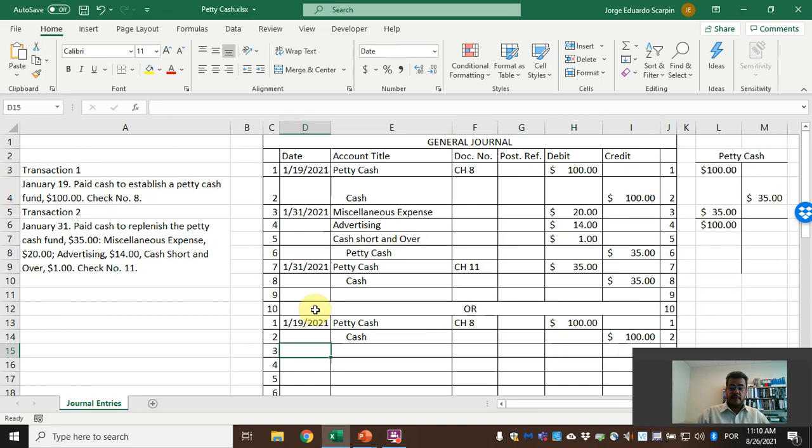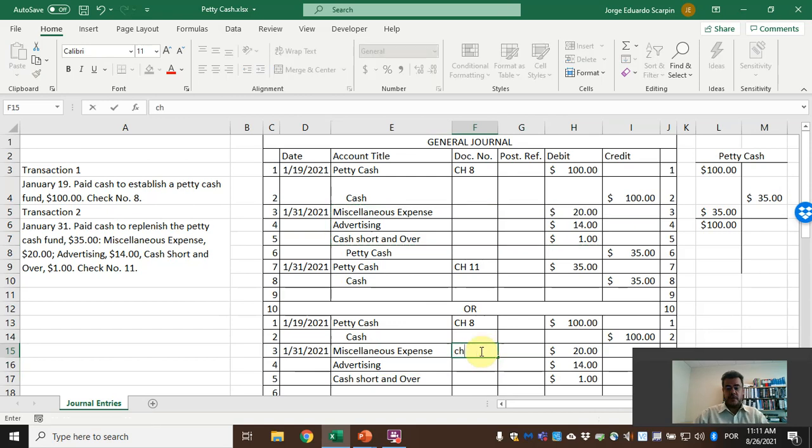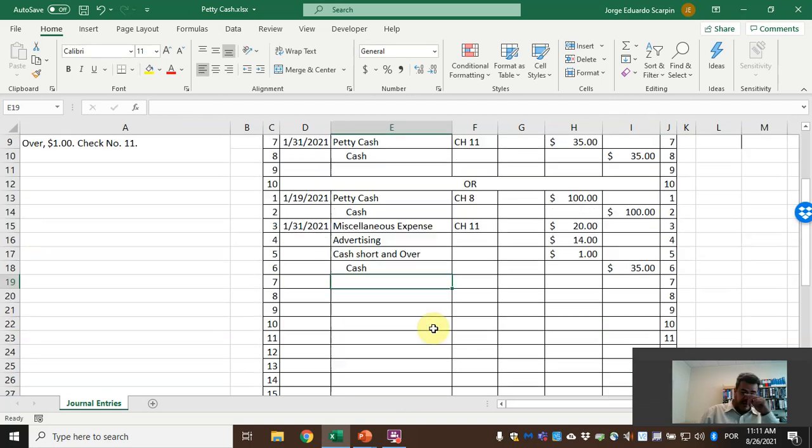Then, January 31st, 2021, what will we have? The same debits, so we copy and paste here. The same debits. Now the check, 11. And the credit would be cash. The sum of it, cash, the 35.